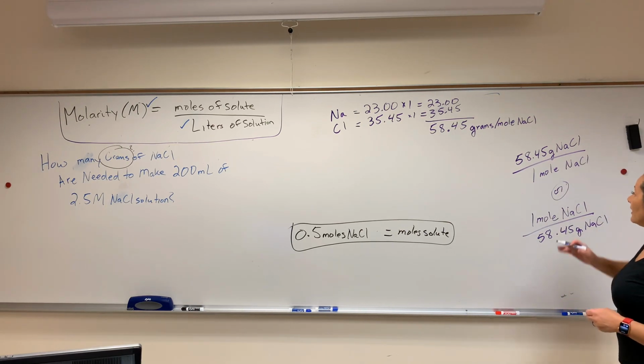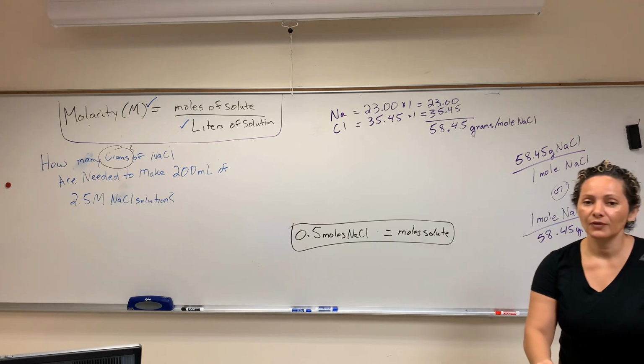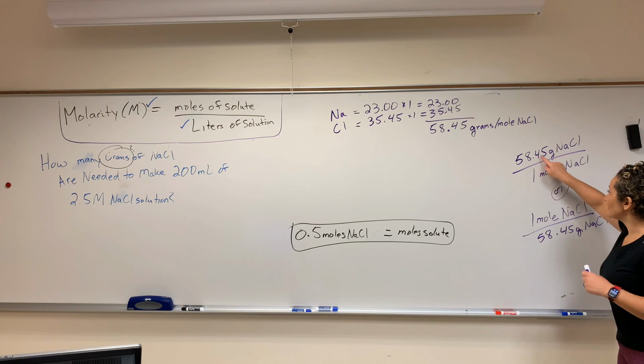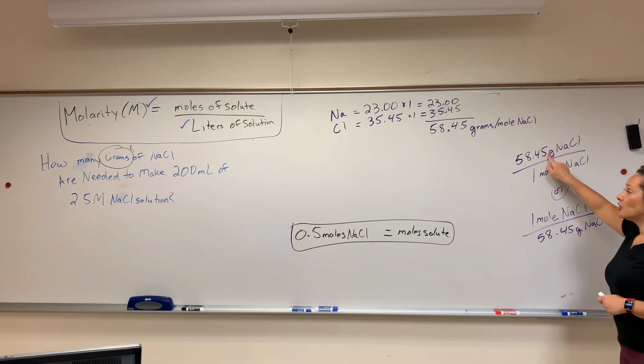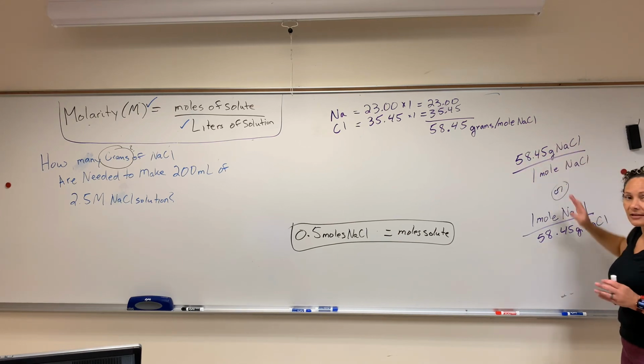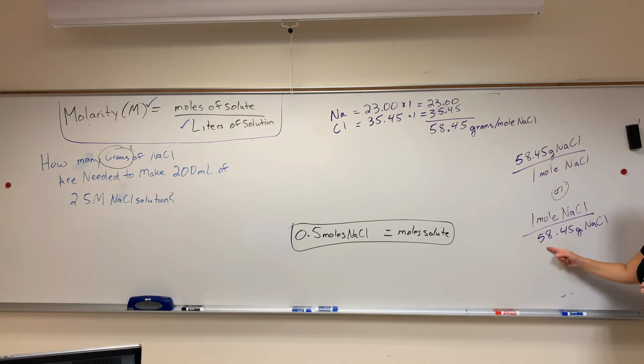It depends on what your needs are. Now, I want to caution you. When you flip it, make sure you're keeping the number together with the label. So many times I've seen students always trying to keep the big number on top and then just put the label on the bottom. Can't do that. The number 58.45 goes with grams. So when you put it on the bottom, it has to go on the bottom with the grams label. They are connected. They're together. So make sure that you know that.